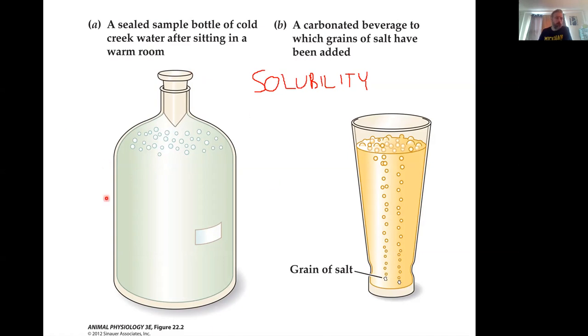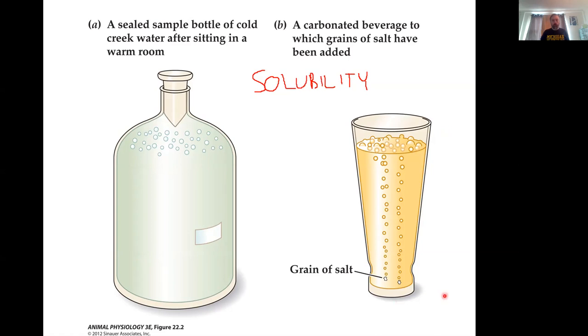At least it was cold when we collected it. We've allowed it to warm to room temperature, and as that water warms, it cannot hold as much gas. It does not dissolve in water at those warmer temperatures. And so we get the formation of gas bubbles as this oxygen and other gases come out of solution. They're no longer dissolved within it.